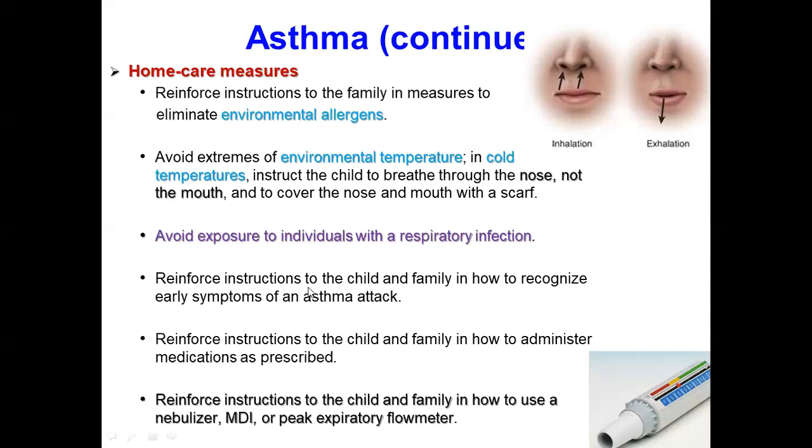Reinforce the instruction to the child and family how to recognize early symptoms of an asthma attack, how to administer medication as prescribed, and how to use a nebulizer, metered dose inhaler, and peak expiratory flow meter.